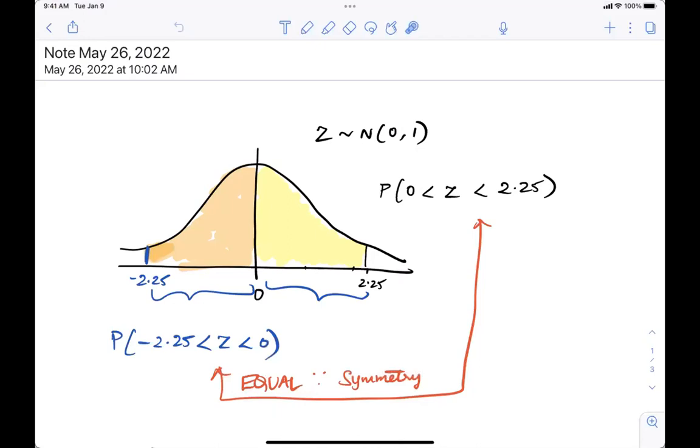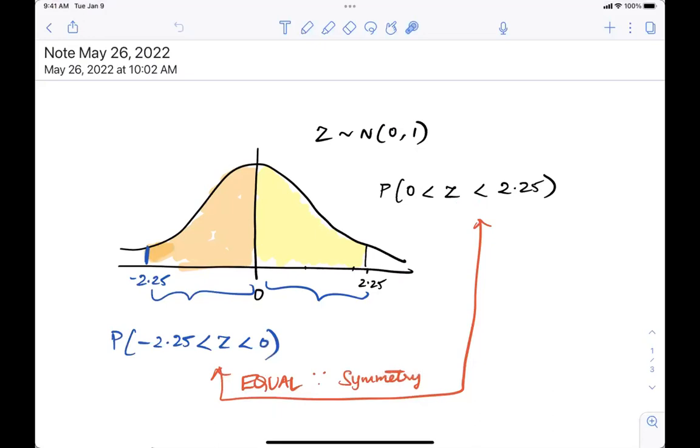Now, the first question where we found 0 less than z less than 2.25 was this area in yellow between 0 and 2.25. And we saw that that area was about 0.487. The second question was the area from minus 2.25 to 0, which is the area in orange. And that was also the same number. Once you visualize the areas we computed, they are mirrored images.